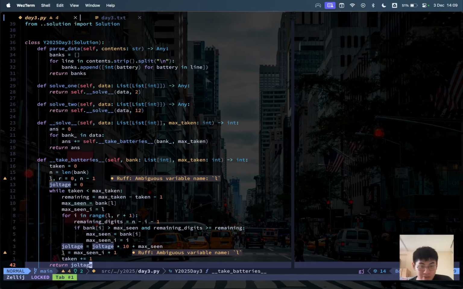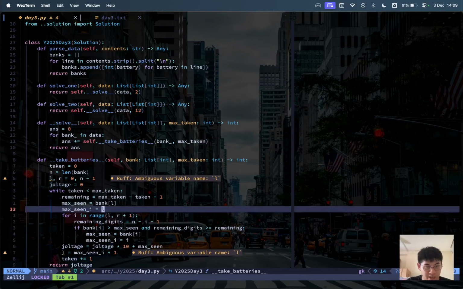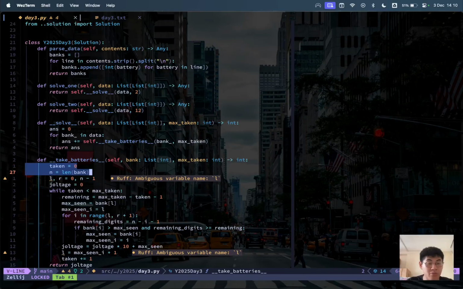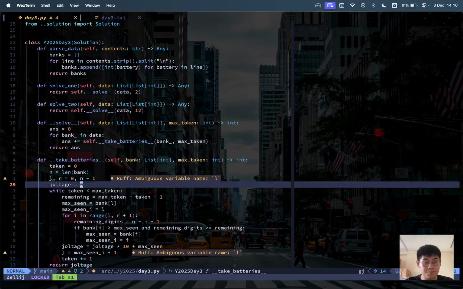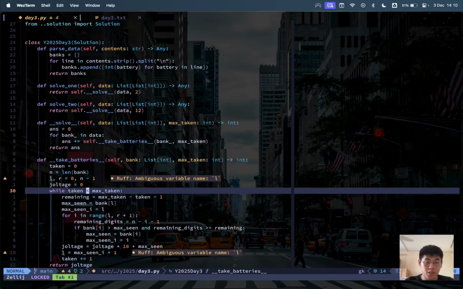And so the way this manifests itself in the code, you can see here, is we keep track of how many we have taken, which at first starts at 0. We keep track of the size of the bank, and there is the left and the right, which is essentially the range in which we can start searching for the numbers, and the joltage. We keep repeating this algorithm while we haven't taken enough.